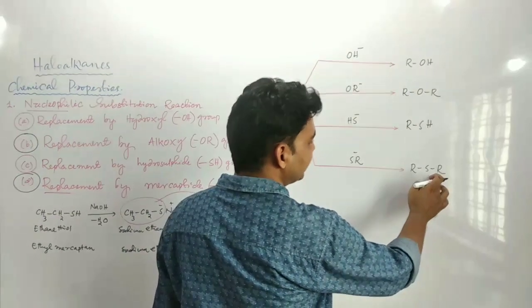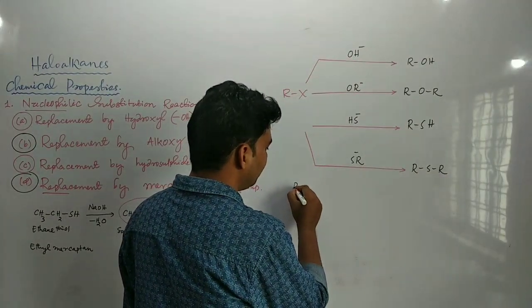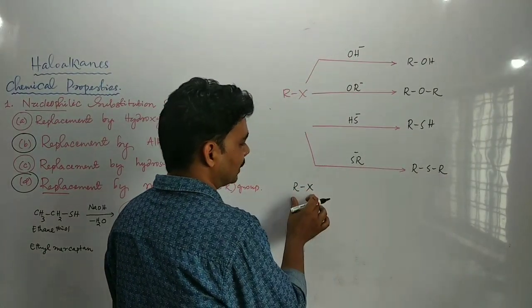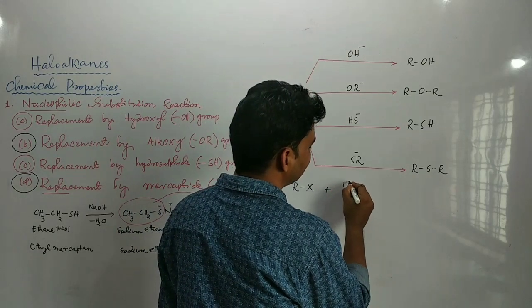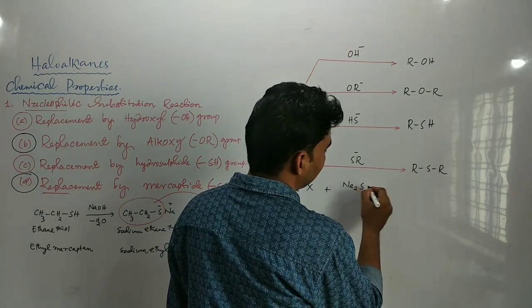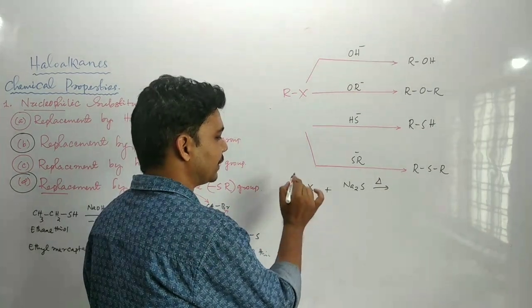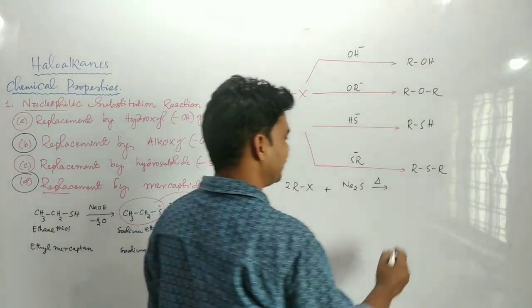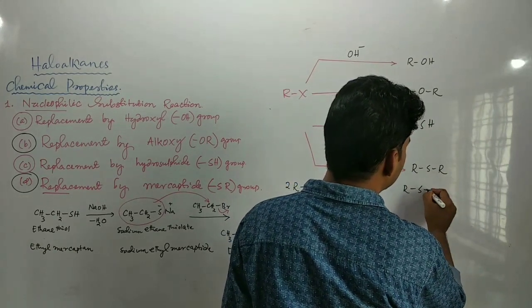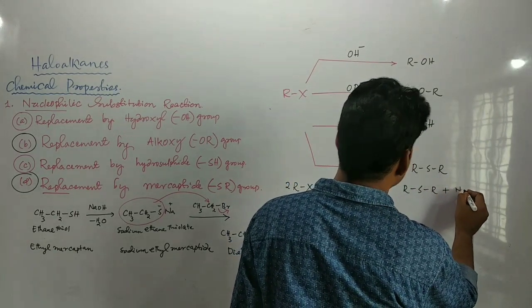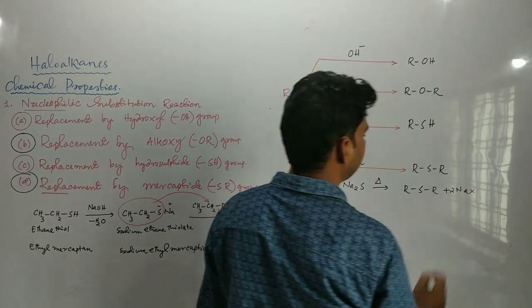This thioether may also be obtained if the alkyl halide is heated with sodium sulfide, Na2S. When this reaction mixture is heated, 2 moles of alkyl halide participate with 1 mole of sodium sulfide, as a result of which you will get RSR plus 2 moles of NaX.